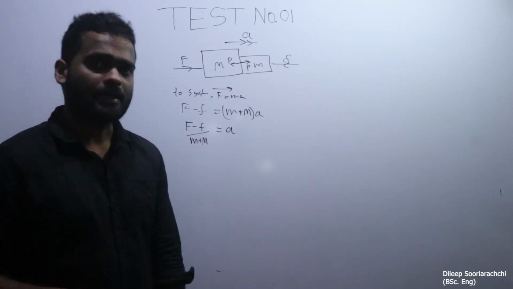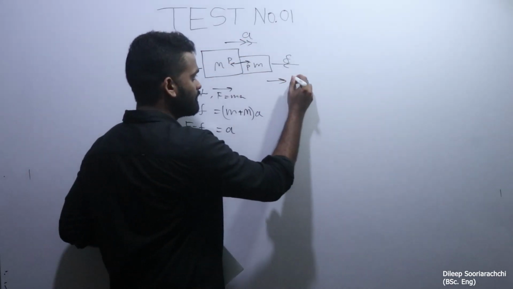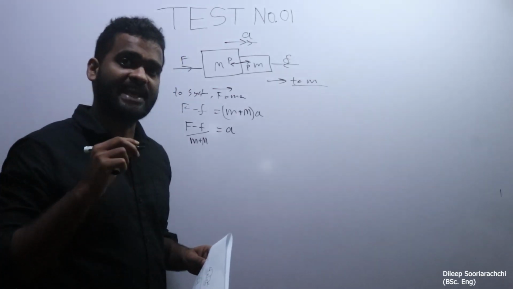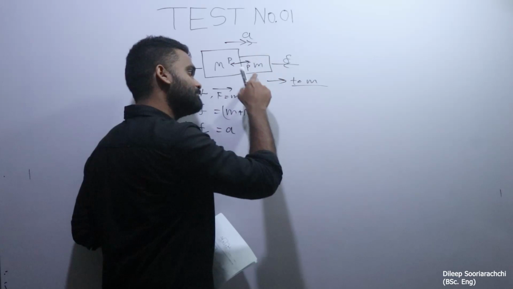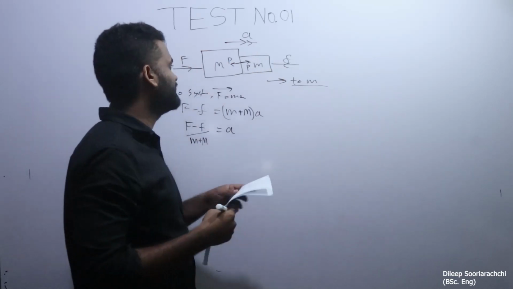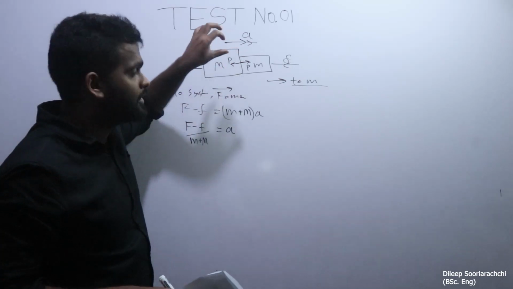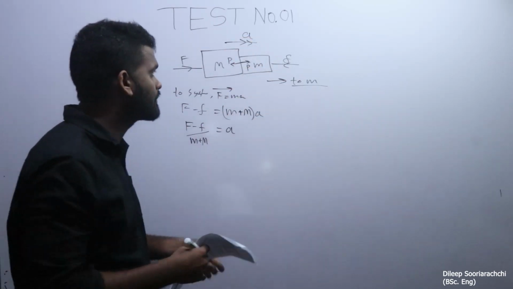So if we need to find P, you need to apply F equals ma only to this part, simple m. You can find it by applying that to capital M as well, but it is easier to apply it to this one, simple m.